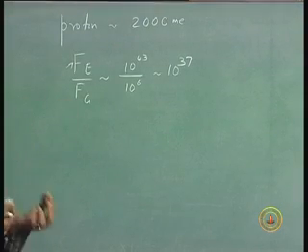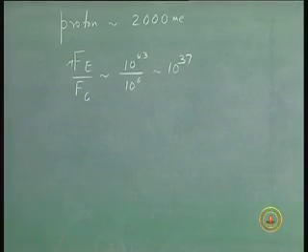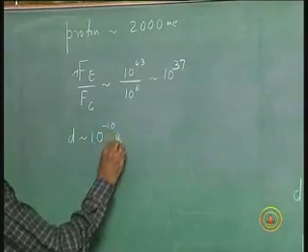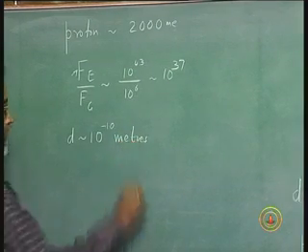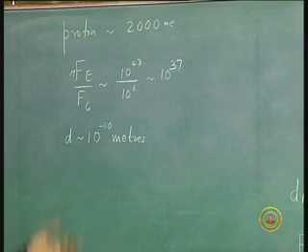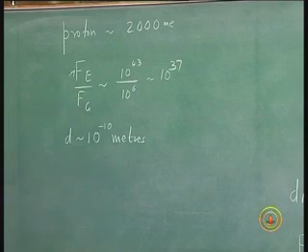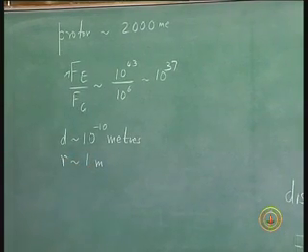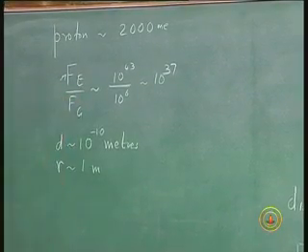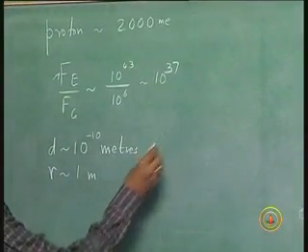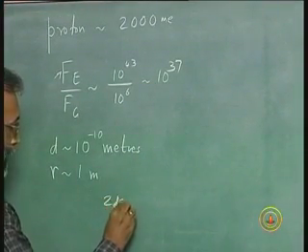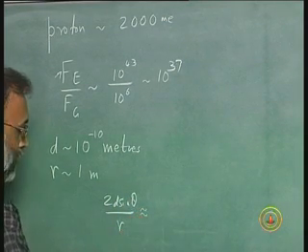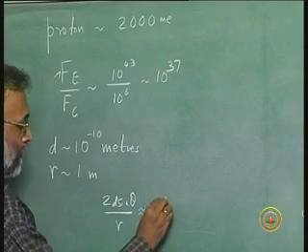Now, typically electrons and protons are 1 angstrom apart. So, d is of the order of 10 to the minus 10 meters. We are talking about a distance of 1 meter away for this calculation. So, r is 1 meter. So, what does that factor give you? It gives you a factor of 2d sin theta over r, which is roughly equal to d over r, which is 10 to the minus 10.